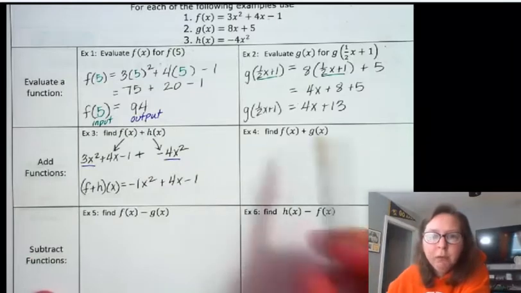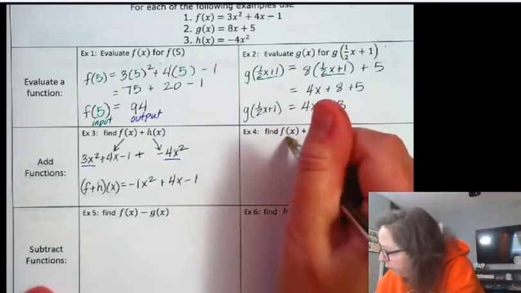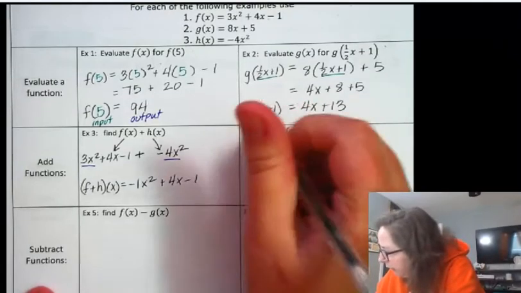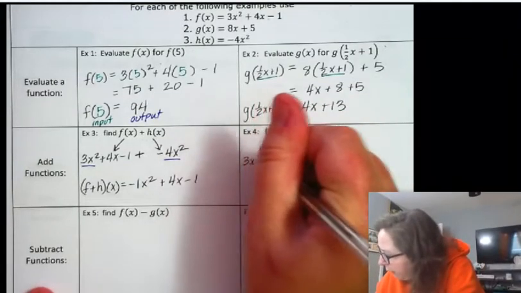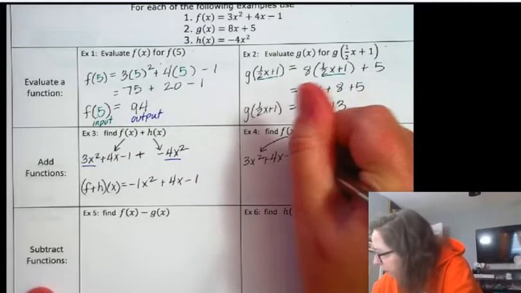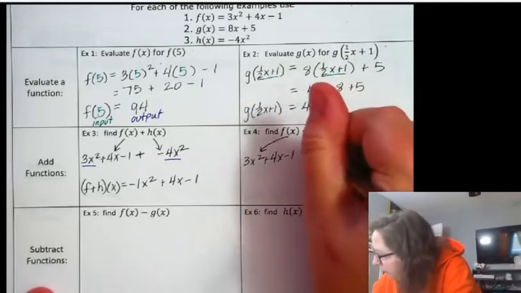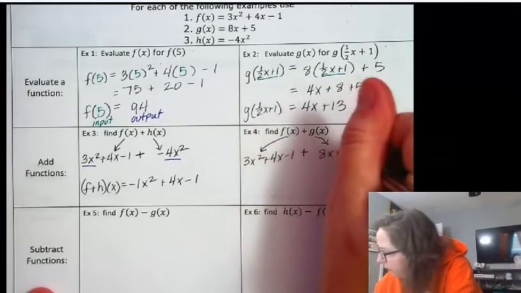Let's do that again with f of x and g of x. Okay, so f of x, again, is 3x squared plus 4x minus 1. Here's my plus sign in the middle. G of x is 8x plus 5.